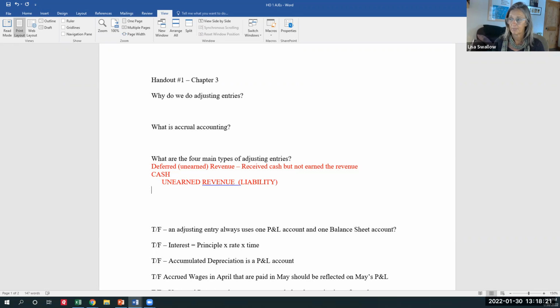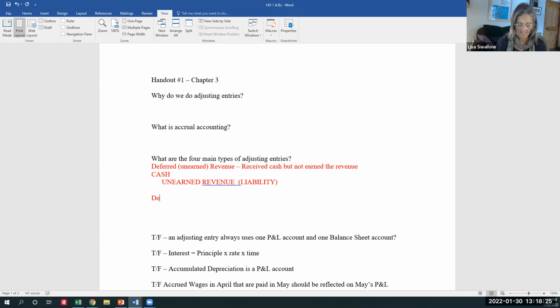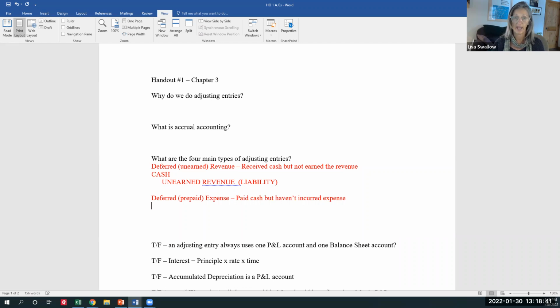The second type of major adjusting entry is a deferred expense, and that's also known as prepaid. Okay, so this is, I have paid cash, but I haven't incurred the expense yet. Well, what's an example of that?